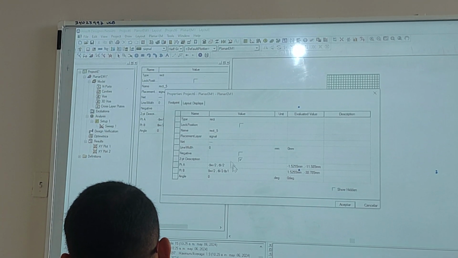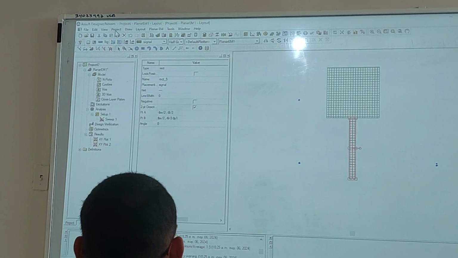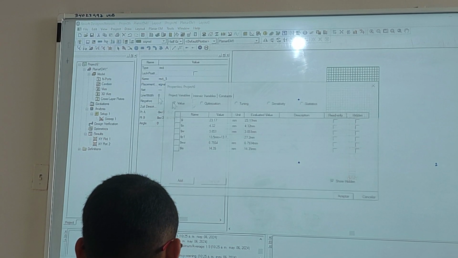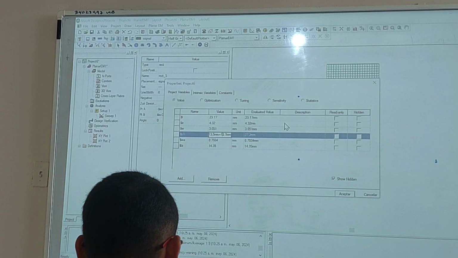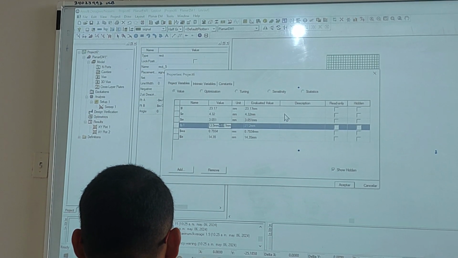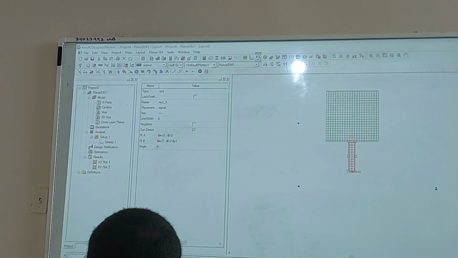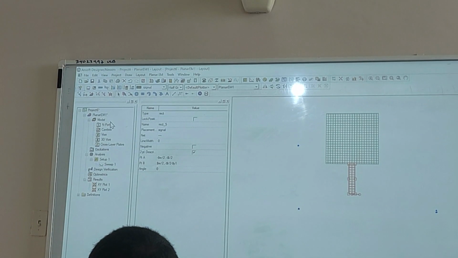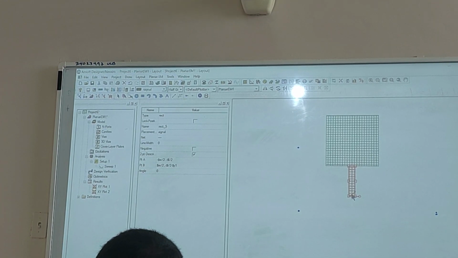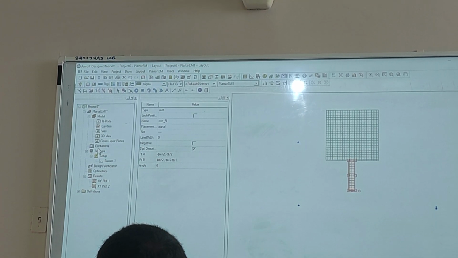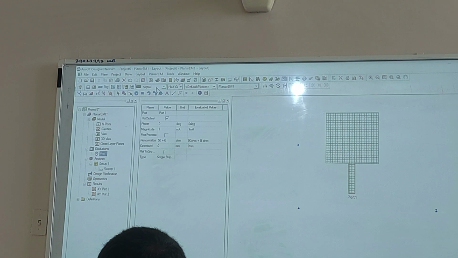And we reduce this until we put once again the port excitation.